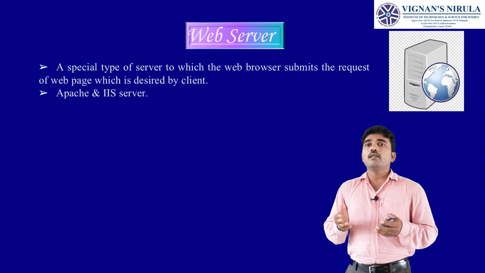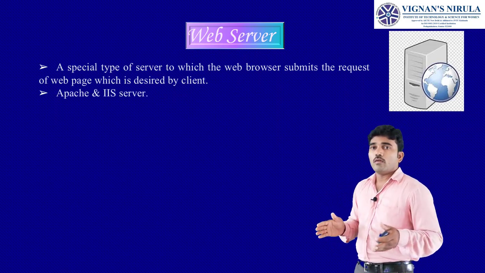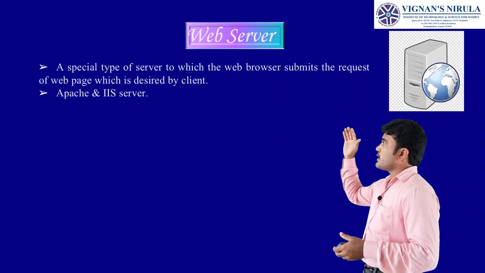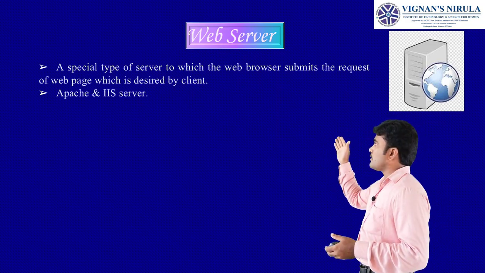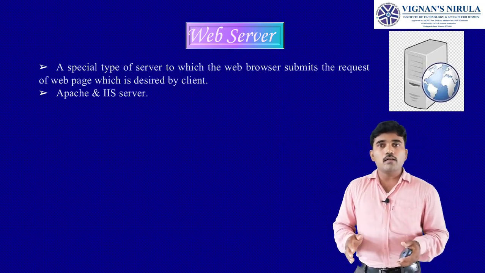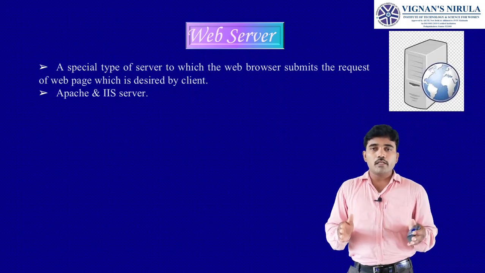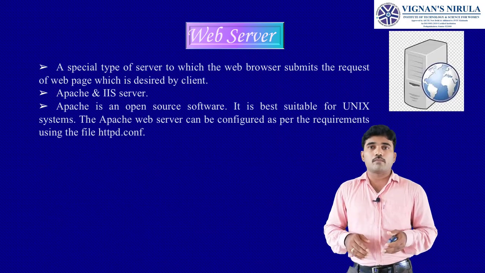Generally two types of web servers are there related to our environment. One is Apache web server and another one is IIS web server. Apache web server is basically related to the Unix operating system and IIS web server is related to the Windows operating system.